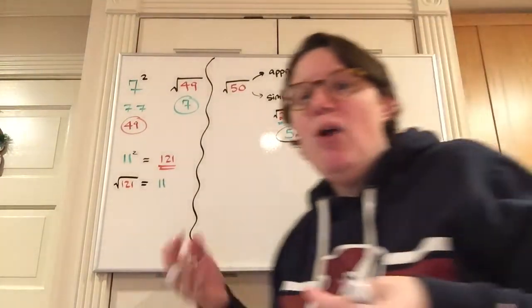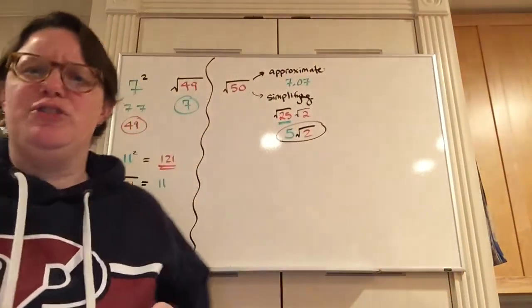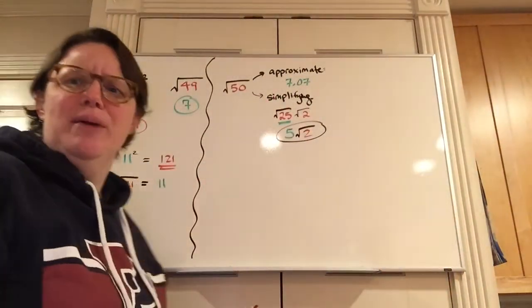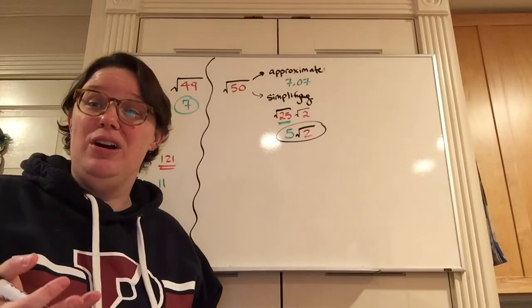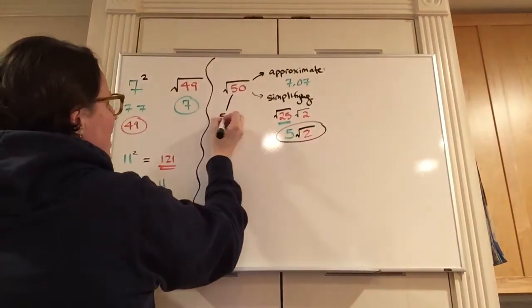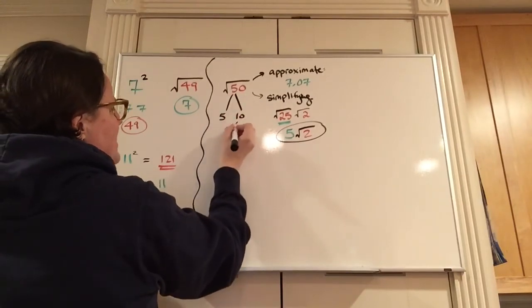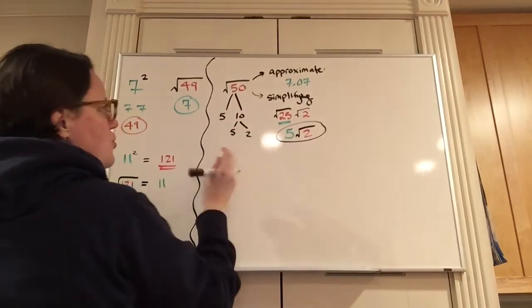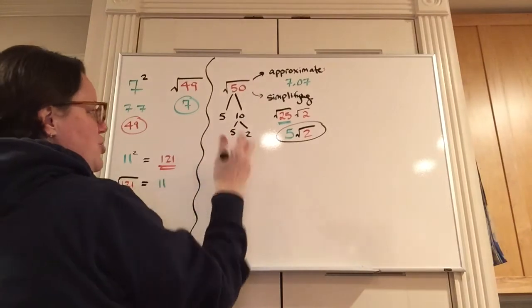Now, a lot of people don't like finding this magic combo of numbers, and what a lot of you might be used to before is making a tree diagram. You could say, 50, that's 5 times 10, and 10, that's 5 times 2. I find the prime factorization of the number.